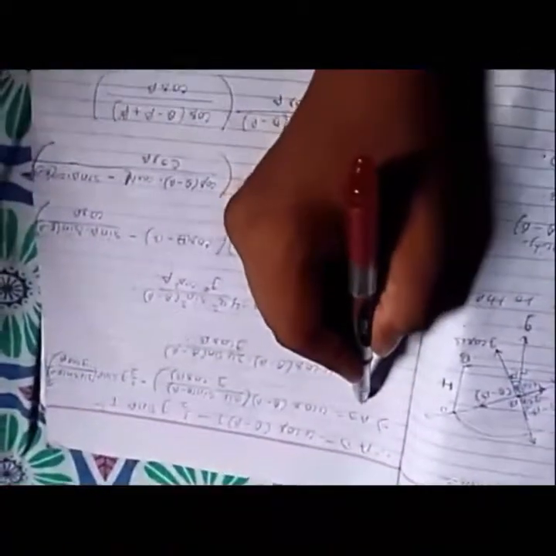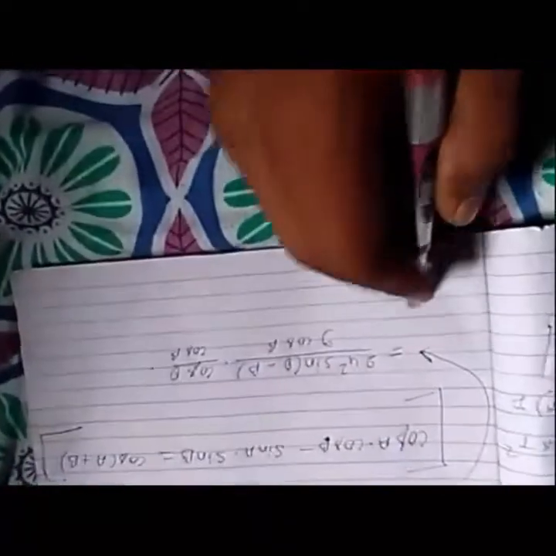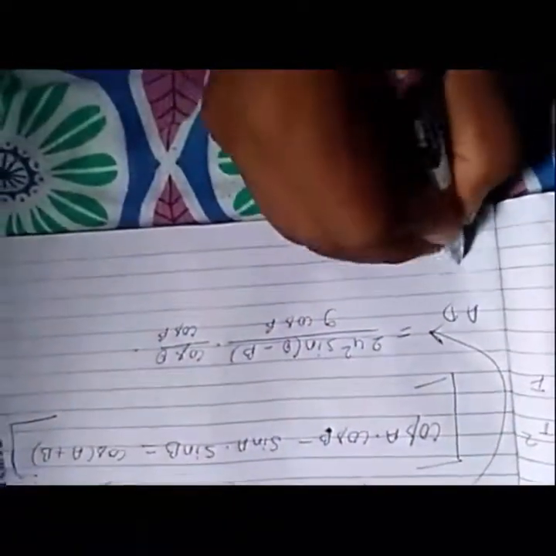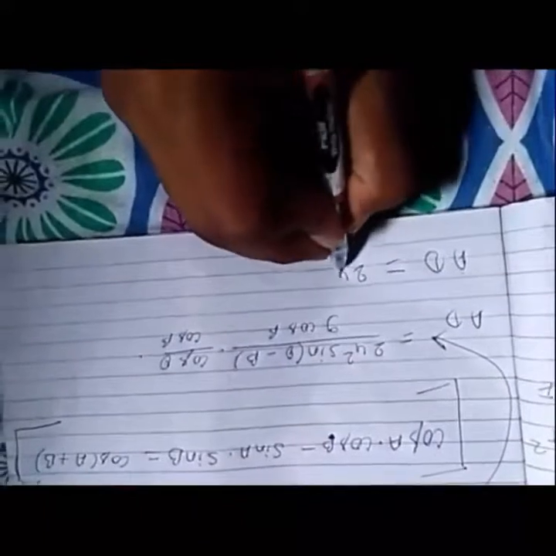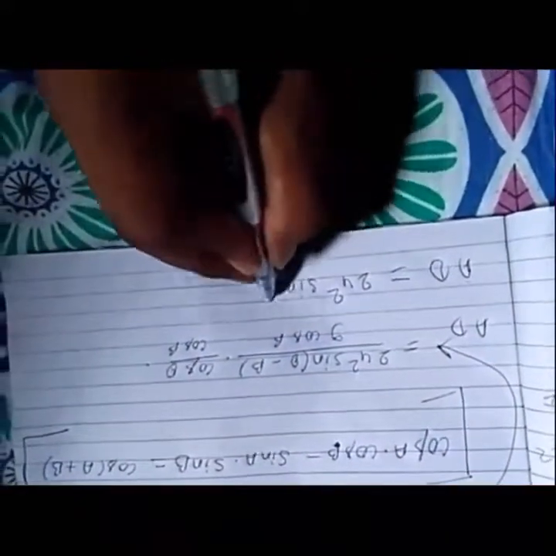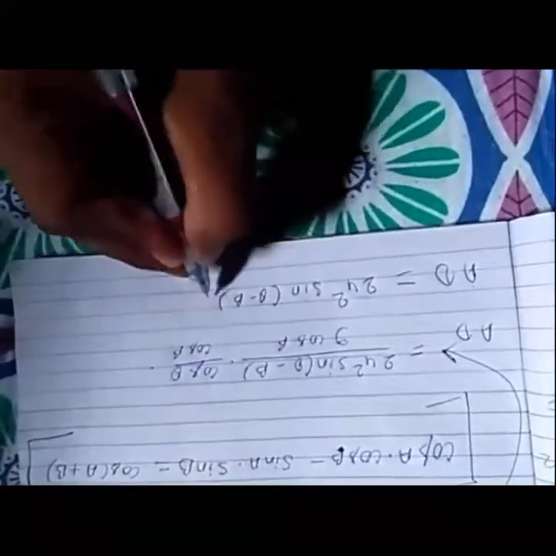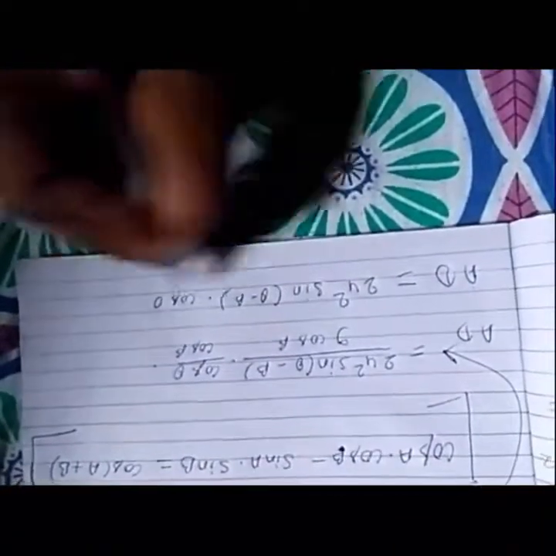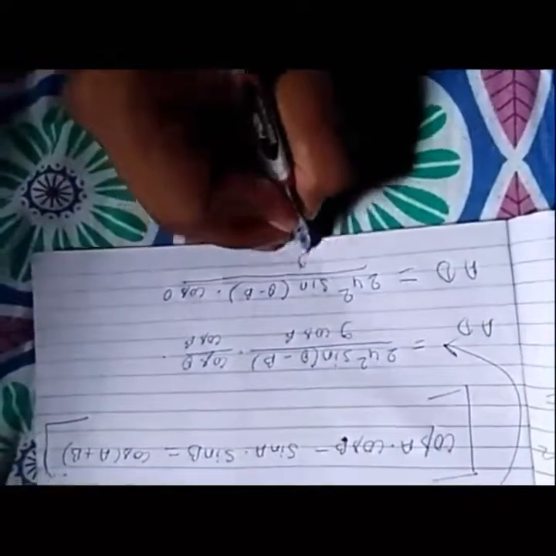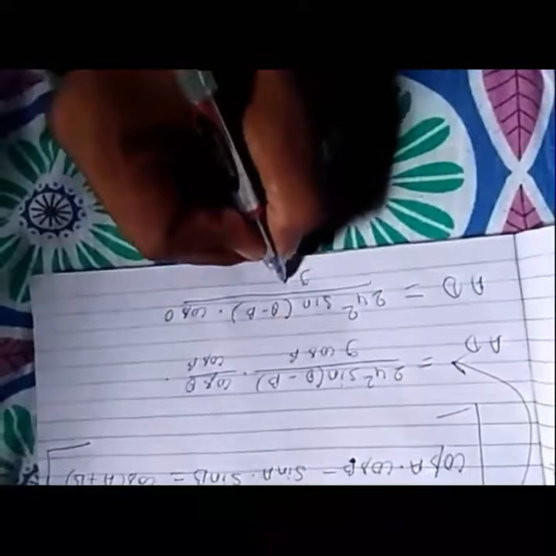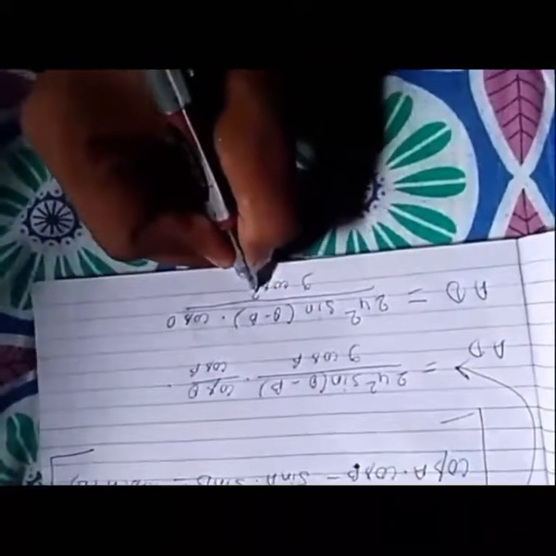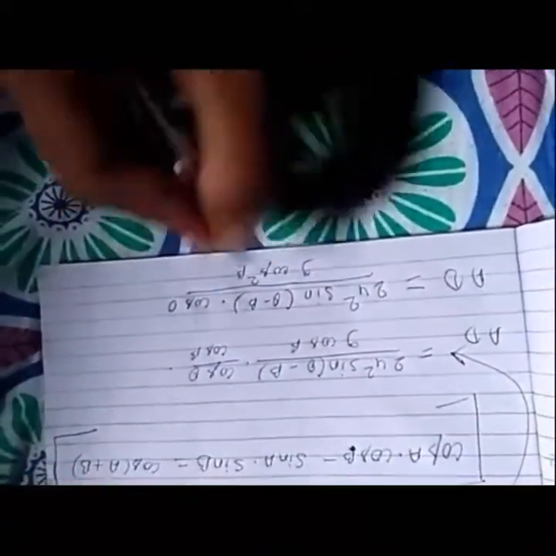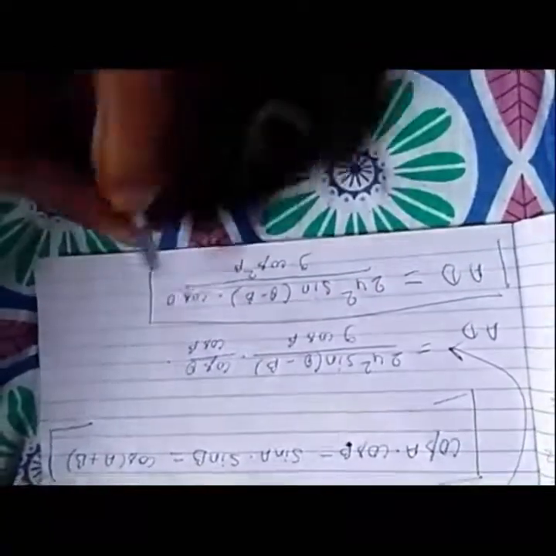So from this, AD equals 2u square sin theta minus beta into cos theta upon g cos square beta, and this is the equation.